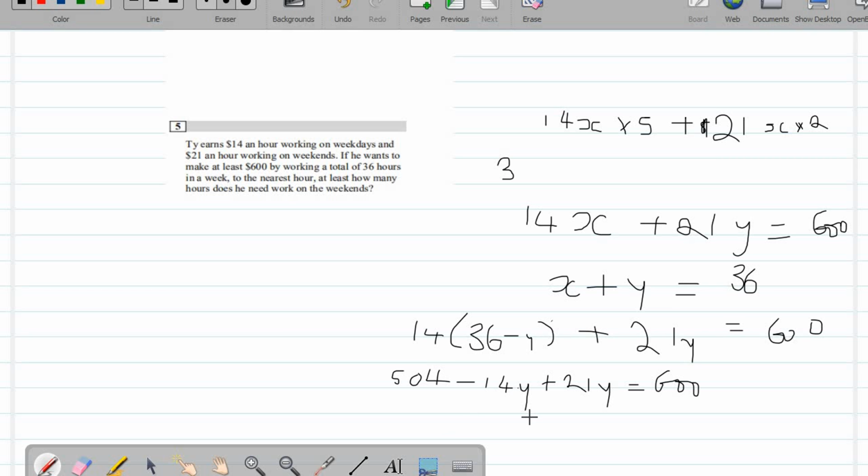And we have 7y is equal to 600 minus 504. 600 minus 504 is 96. So we divide 96 by 7, and y is equal to 13.7.